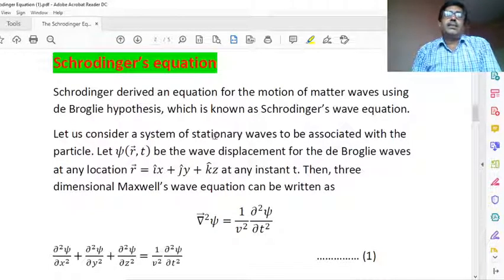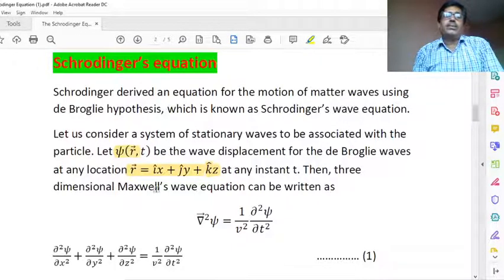Let us consider a system of stationary waves to be associated with a particle. Let psi(r,t), psi is the wave function, r is the position vector, and t is time. So psi is the wave displacement for the de Broglie waves at any location, and r is the position vector in terms of three components x, y, z.